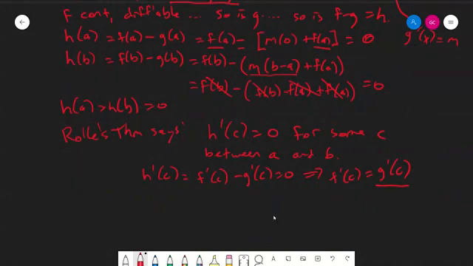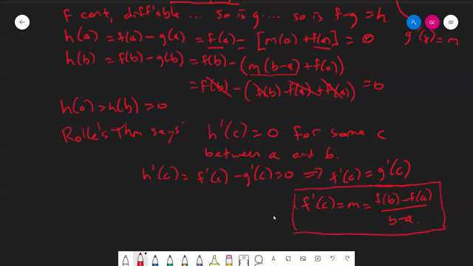So finally, that means that if f prime of c is g prime of c, then in fact f prime of c is equal to m, and m, remember, was f of b minus f of a over b minus a. So there you go. That's the thing that we wanted to show. So by doing a clever transformation, we were able to use Rolle's theorem to prove the mean value theorem. Okay, next time we'll see some examples of how to use the mean value theorem.